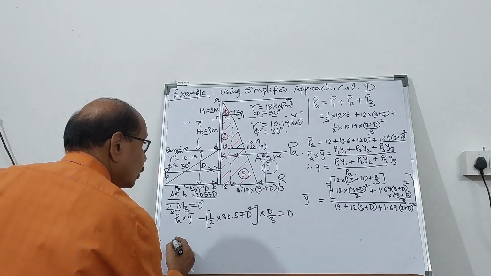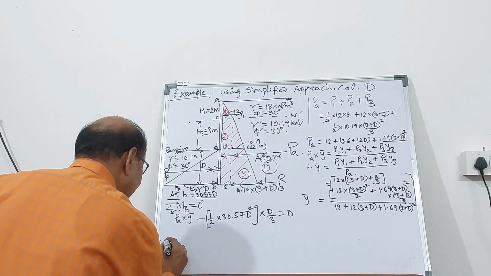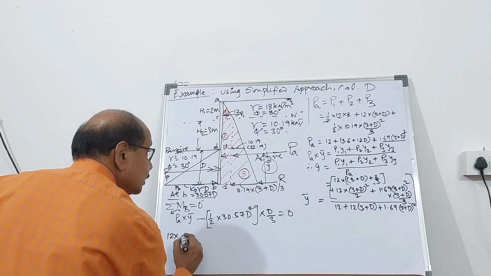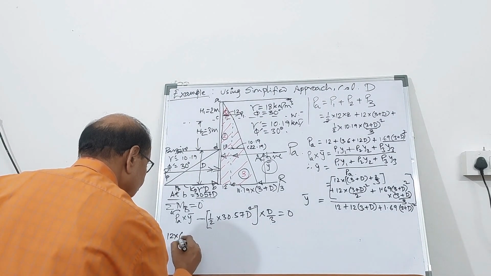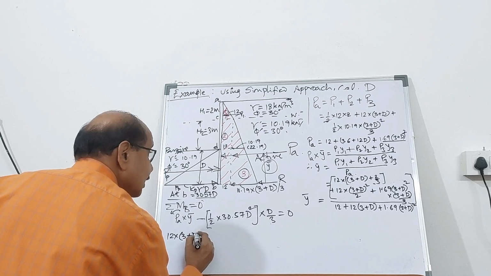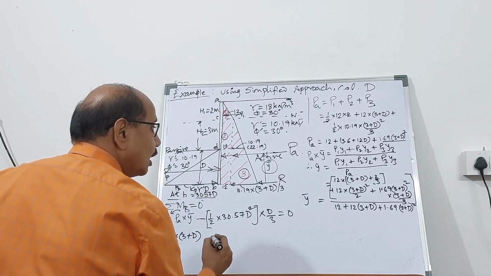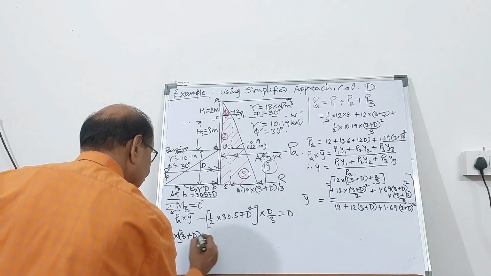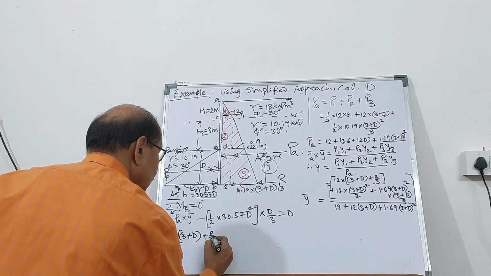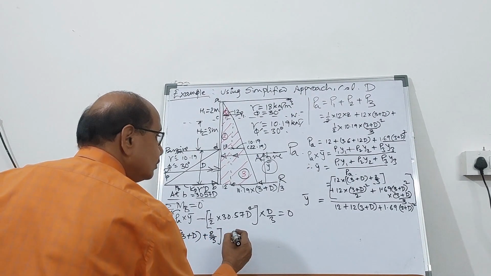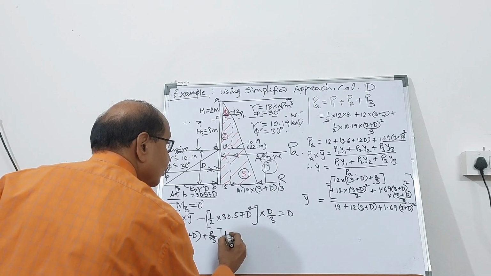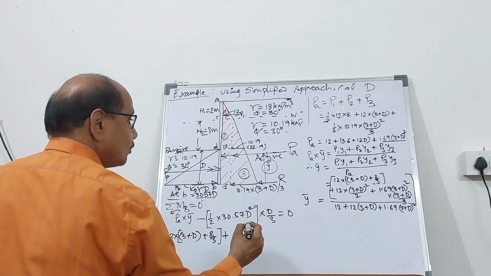So it is going to be 12 into (3 plus d plus 2 by 3), first term, plus the second term.